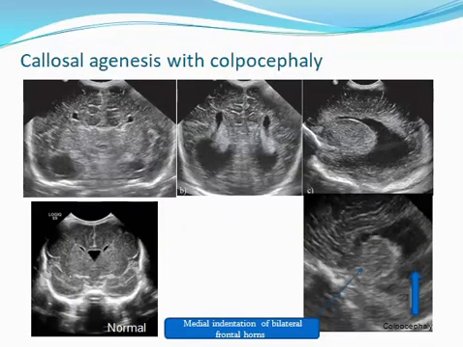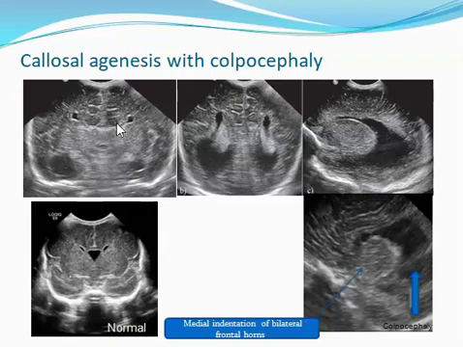Now this slide shows you the corpus callosum agenesis with colpocephaly. The typical findings of the corpus callosum agenesis, on the coronal ultrasound through the frontal horns of the lateral ventricles, will show you the widely spaced lateral ventricles, which appear like small little comma-shaped frontal horns.